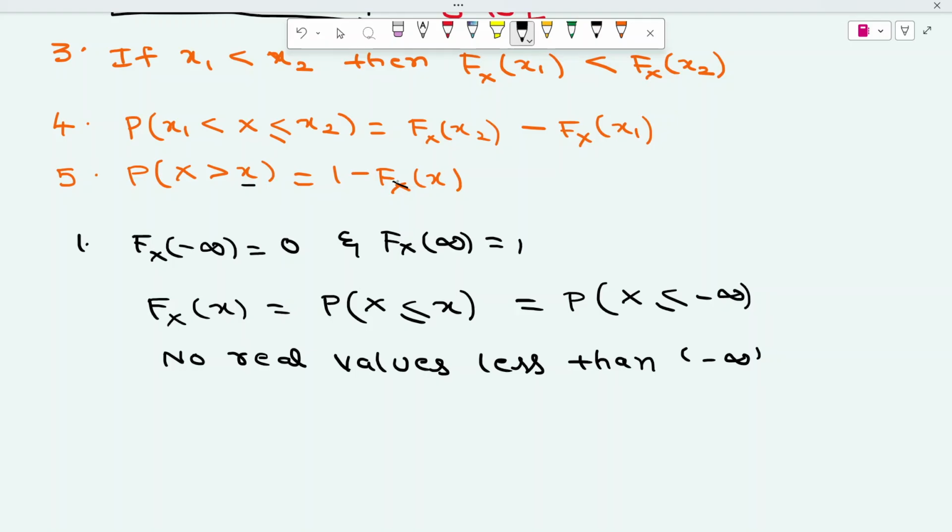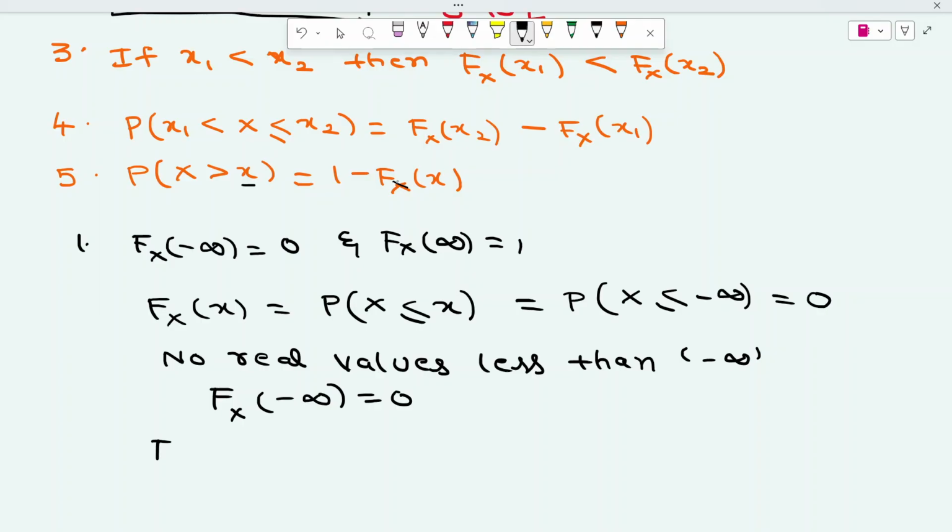So how will we have a probability when there is no value which is less than minus infinity? That is why the probability of X less than or equal to minus infinity is 0. That is why Fx(minus infinity) is 0.